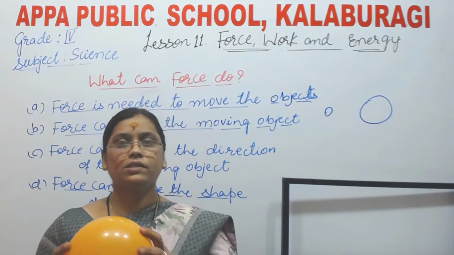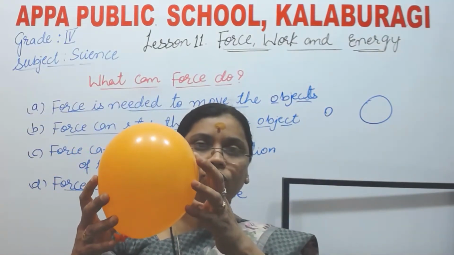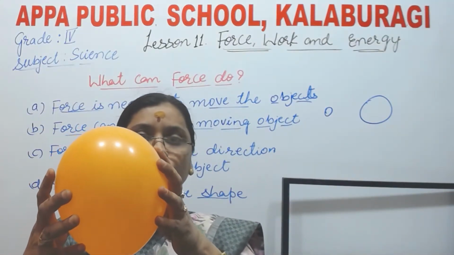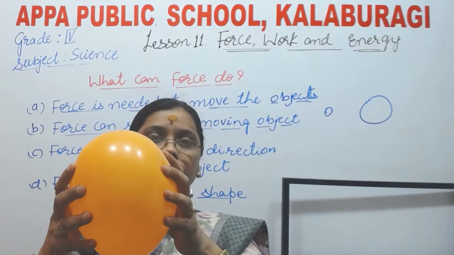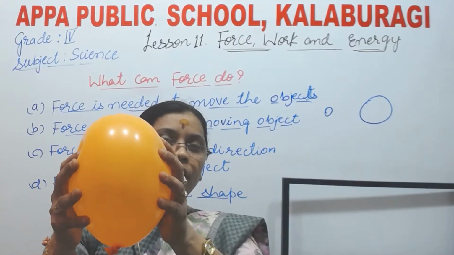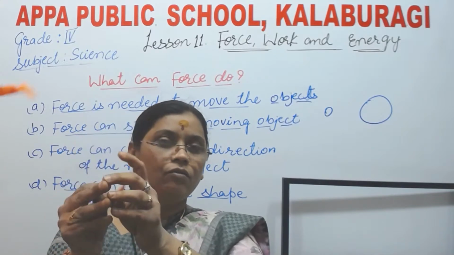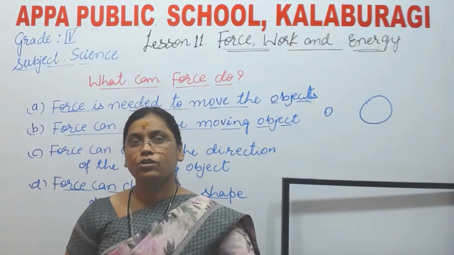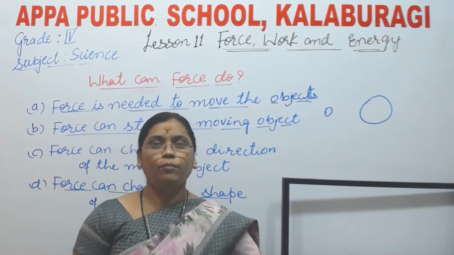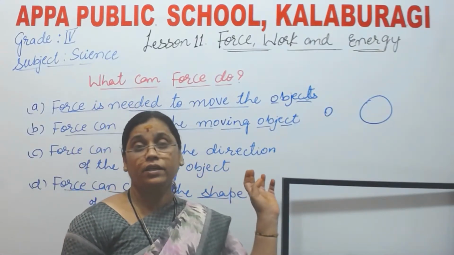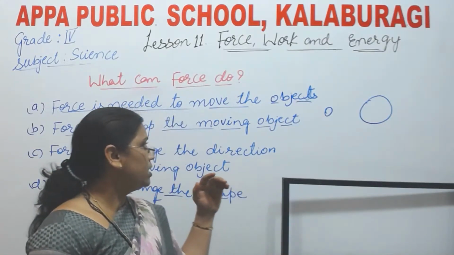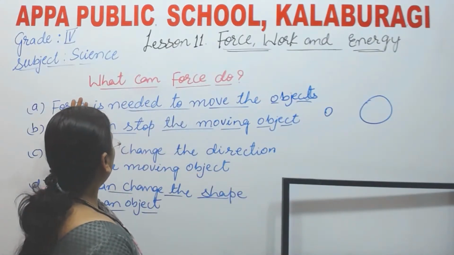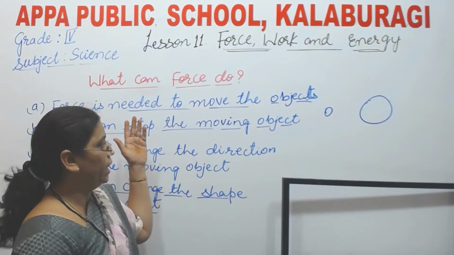For example, this is a fully blown balloon. What is this, children? It is a fully blown balloon. So when we apply the force here, the balloon will burst. So the force can be used to break things. These are some of the places where force is needed.